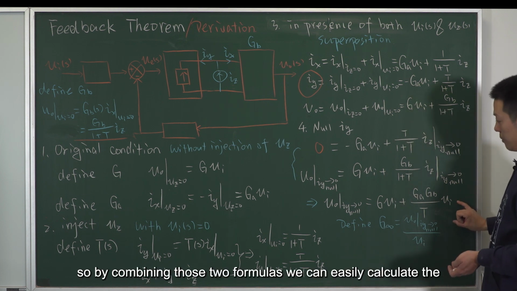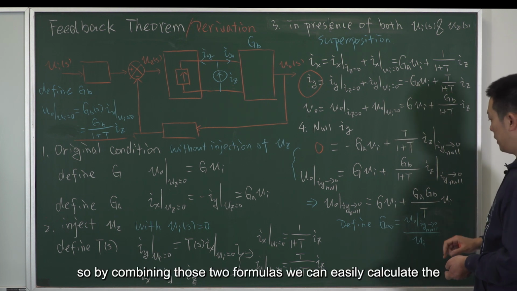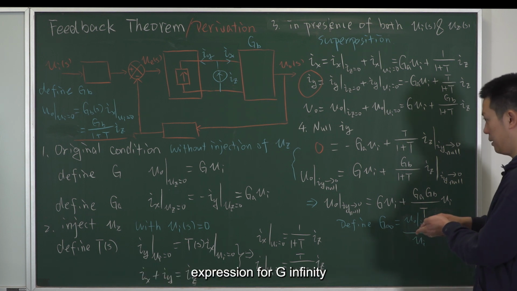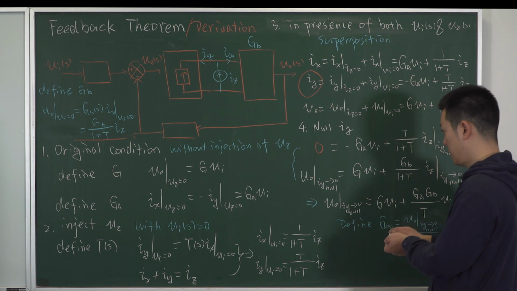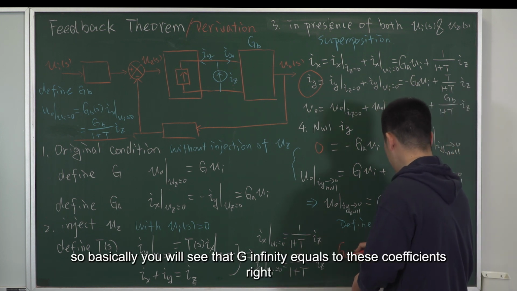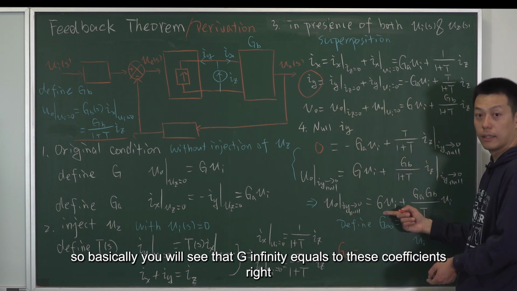So by combining those two formulas, we can easily calculate the expression for G infinity. So basically, you will see that G infinity equals to these coefficients, right?